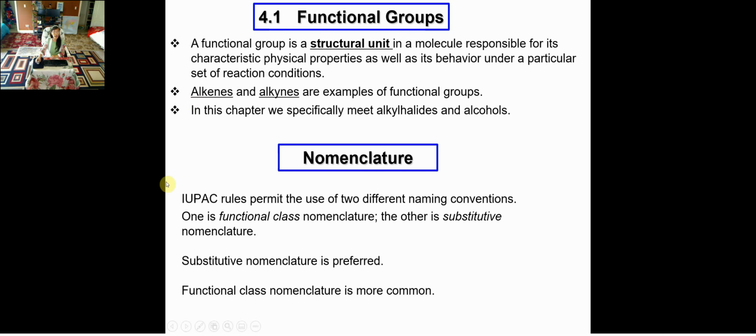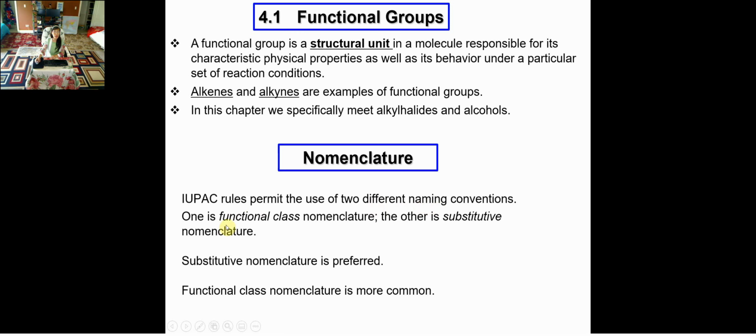So based on the IUPAC rule, we can name the different alkyl halides and alcohols using 2 different naming conventions. IUPAC rules allow the use of 2 different types of naming conventions.